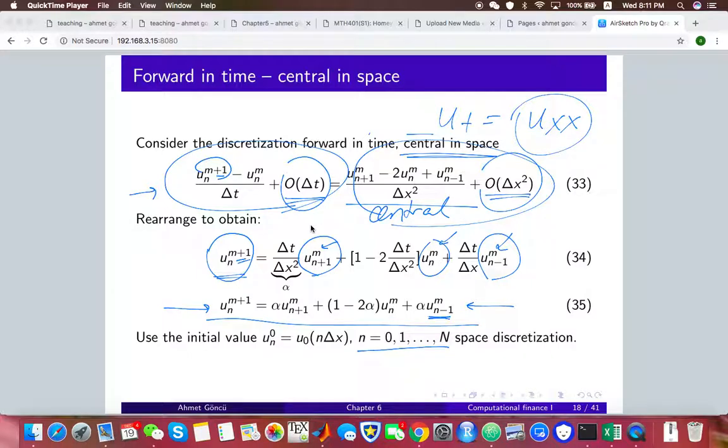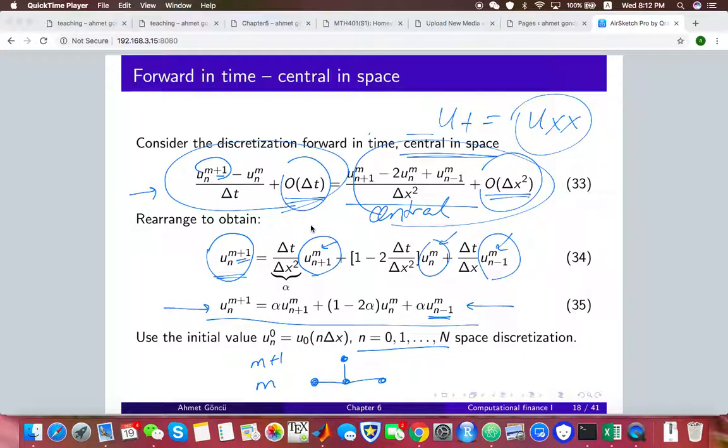So if you look here, in order to get to the next time step m plus 1, if you consider from time step m to m plus 1, essentially we are using three values from time step m to get the value in time step m plus 1.